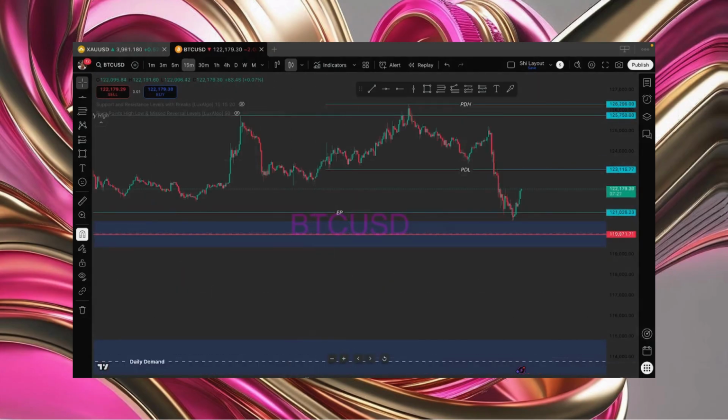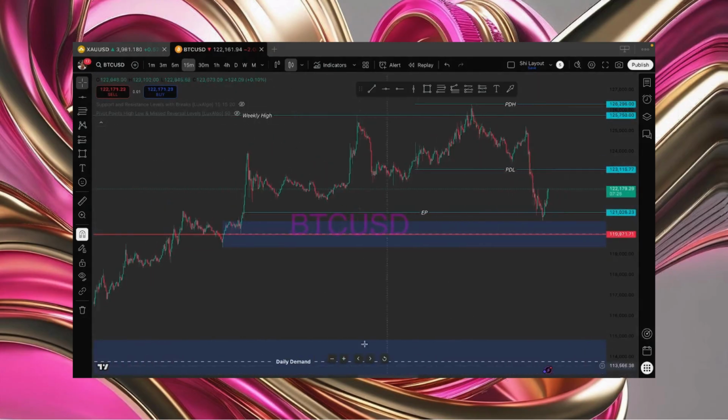Price is always going to travel back from supply to demand. In order for it to go to a demand zone, it has to reach a supply zone, sell down to a demand zone, and it's going to do the same thing over and over again. So for this particular one, I would have taken my TP at that supply zone that I showed you on the higher time frame.